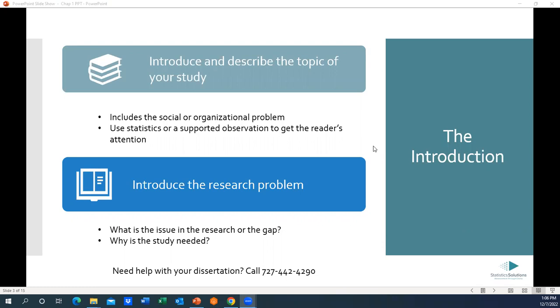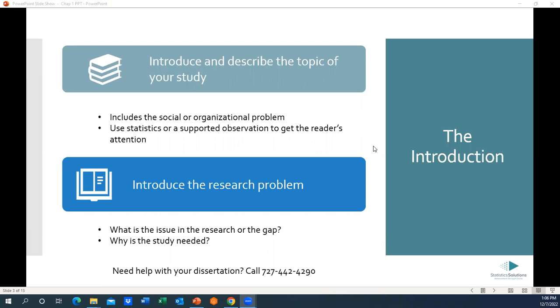It could be in education, it could be low grades or low test scores, or teachers just aren't connecting with students on some issue, that students are suffering in an area because there's a lack of training for teachers, or whatever your issue is.